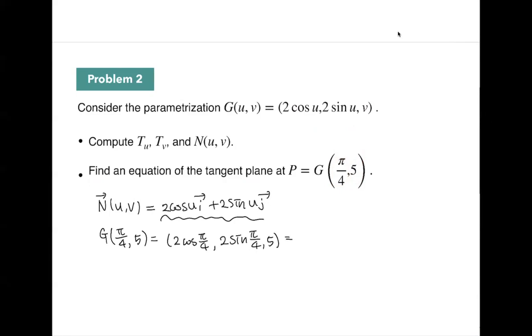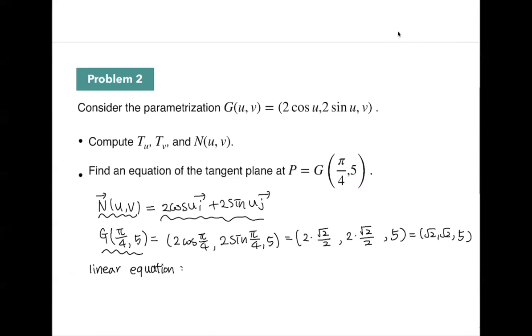It'll be 2 times root 2 over 2, 2 times root 2 over 2, and 5. So our point is root 2, root 2, and 5. Since we know one point and the normal vector, we can find the linear equation of the tangent plane.